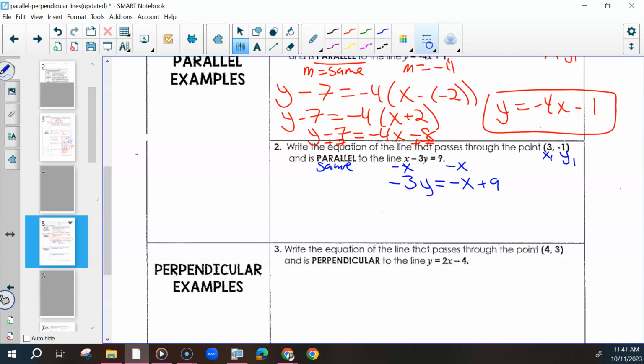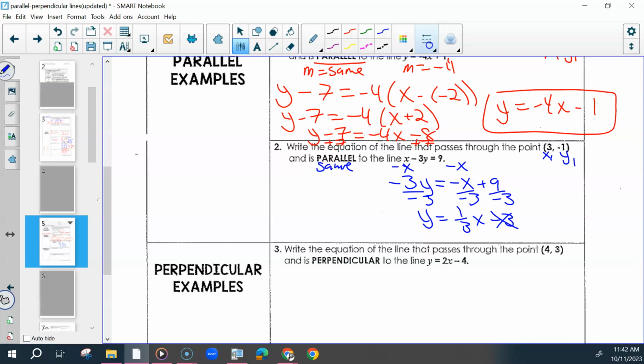And then, to get y by itself, divide everything by negative 3. We have y equals 1/3 x minus 3. Again, if you want to cross out that negative 3, it doesn't matter, we don't need it. It's not going to be used. That way it doesn't confuse you.